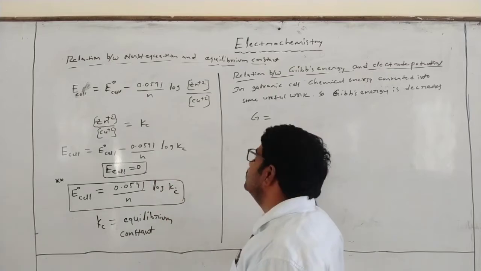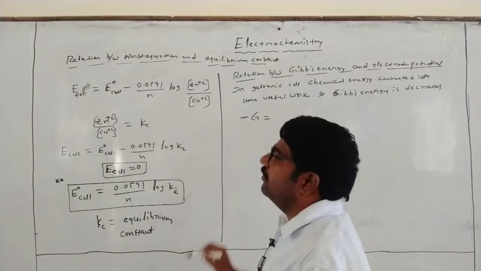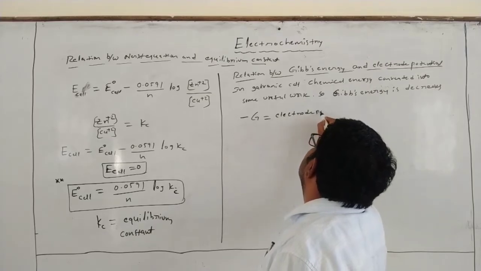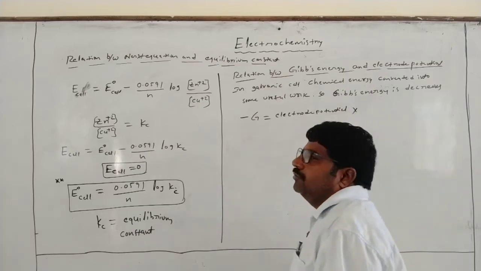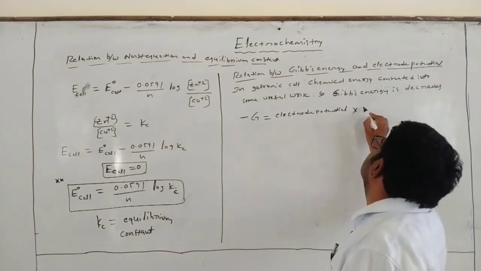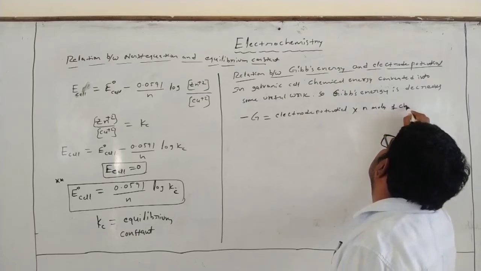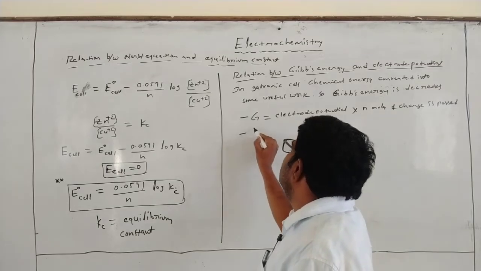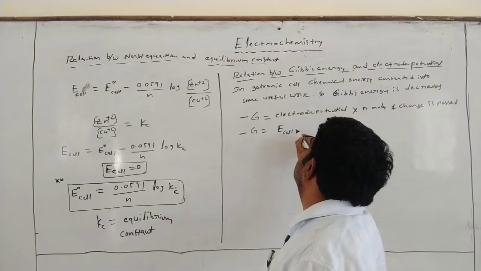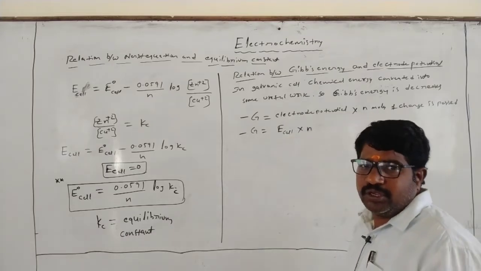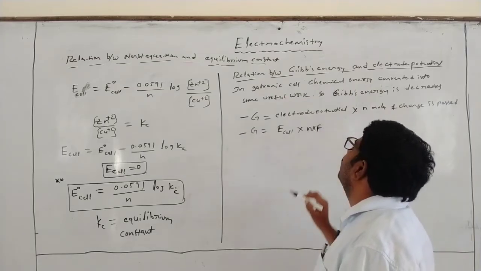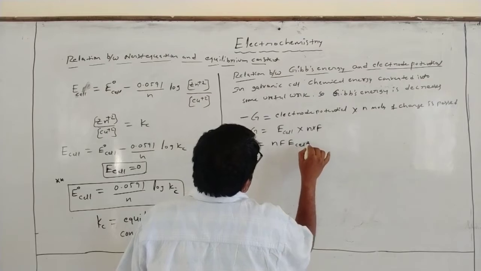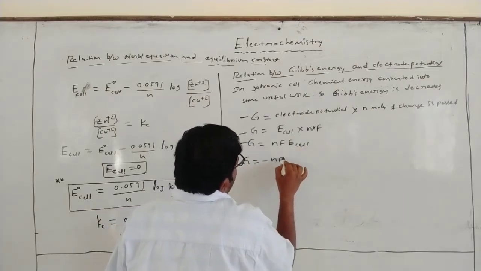So the decrease in Gibbs energy, minus G, is equal to the electrode potential E cell into the n moles of charge, which is nF. So minus G is equal to nF E cell, that is, G is equal to minus nF E cell.